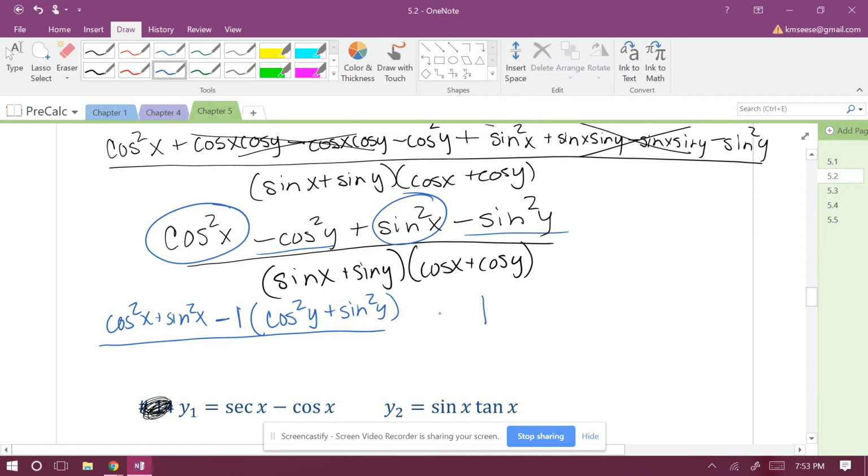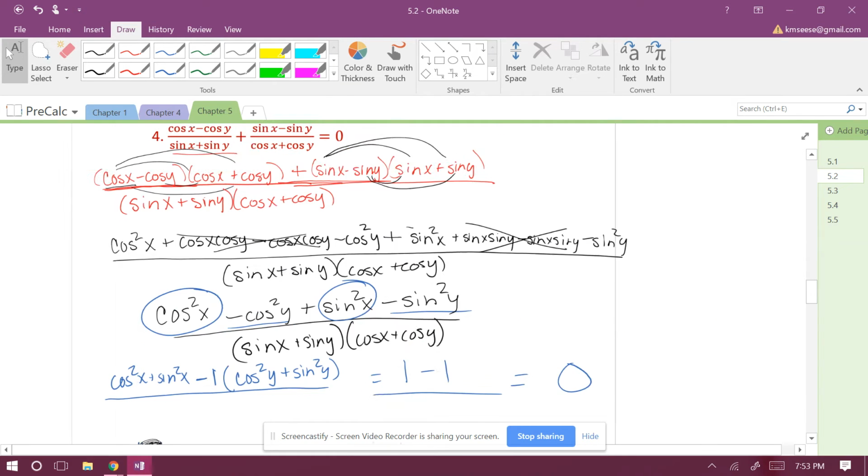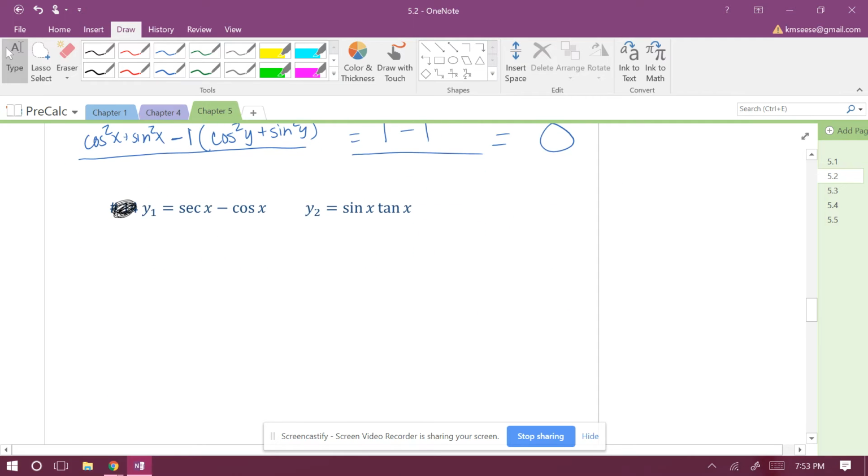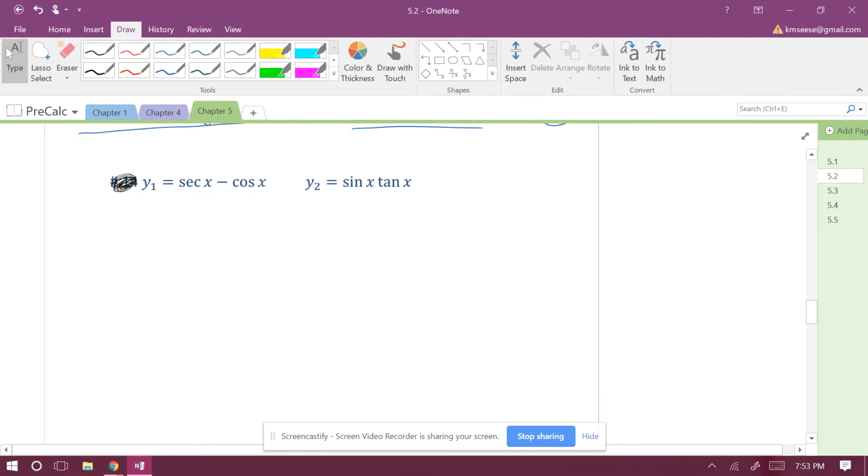And my numerator is going to become 1 minus 1 over my denominator, which just gives me 0. So that whole complicated craziness just simplifies down to 0. You may have some homework problems like this where it gives you y1 and y2 and you show that they're equal. All you really have to do is just set it up like an identity. Just set them equal and then solve the identity.